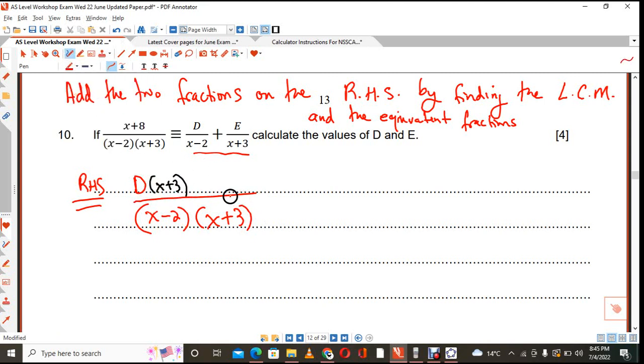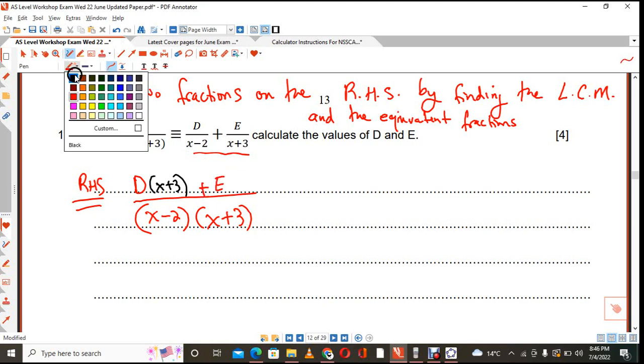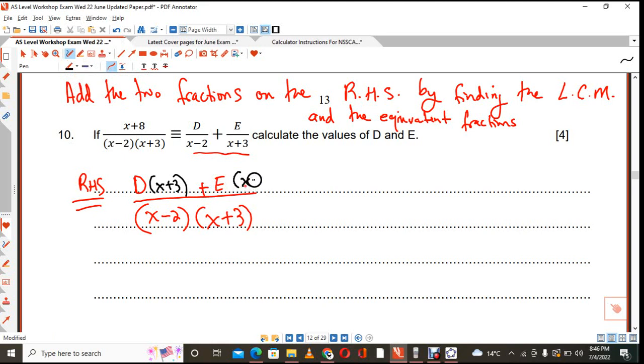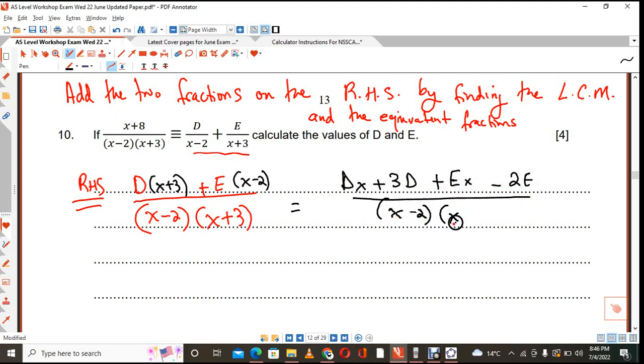Now to add and subtract fractions, plus e, and then e is going to get x minus 2. Okay, right. So let me just multiply out. So I'm going to have dx plus 3d plus ex minus 2e all over x minus 2, x plus 3.